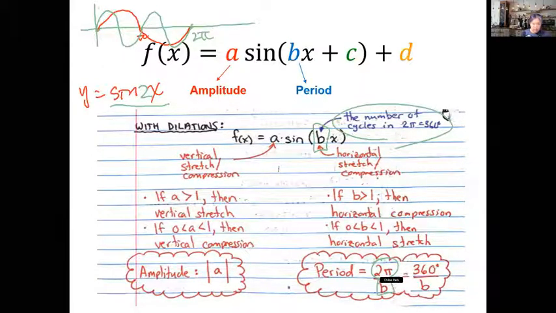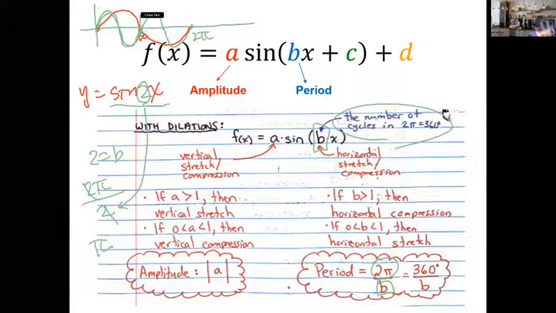In this case, 2 is the B value. Then 2 pi is always on top, and divide that by 2, so B is here, and then it's canceled. And then 1 period length is pi. Look, 1 repetition was squeezed in pi.